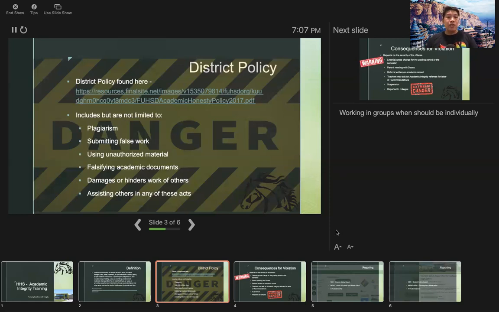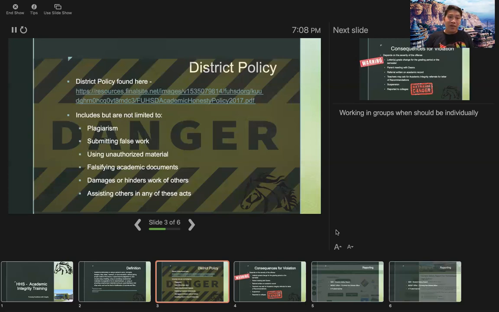Using unauthorized material, again, includes websites, test banks, or notes on a test or quiz when you're not supposed to have them. I know that you see this on shows and videos, but the labels of water bottles where students write things, or even on your arm, or using your watch, for instance.